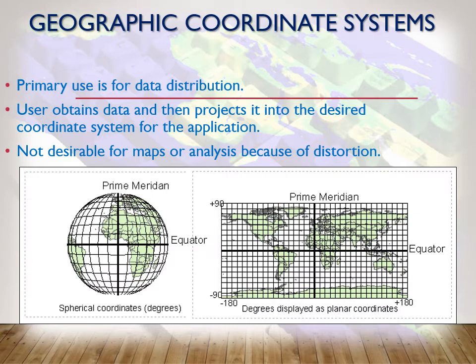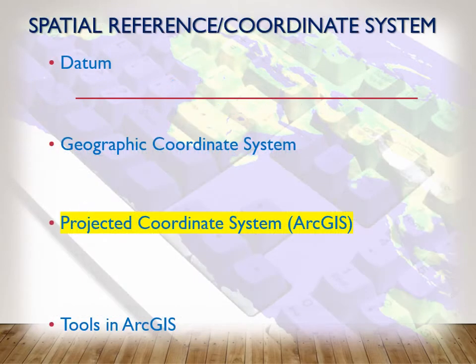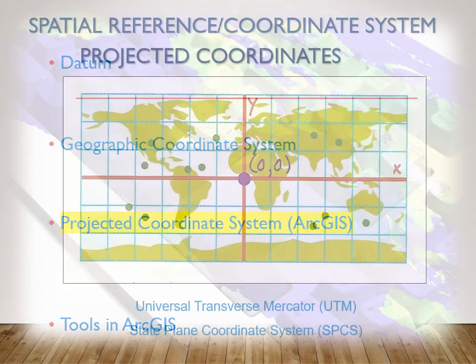But in general, for mapping and analysis, geographic coordinate systems are just not something you want to use. Projected coordinate systems, now those are what we want to use, and this gives you a better capacity for mapping and for analysis.